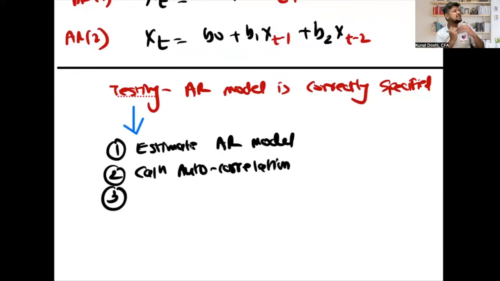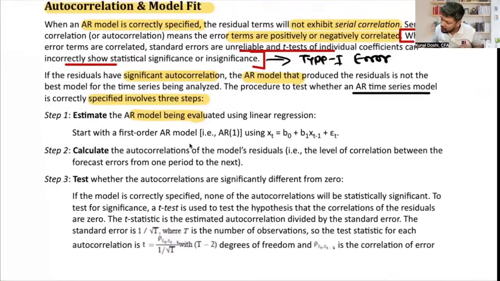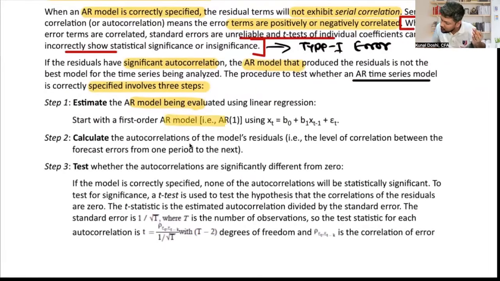Remember, error is generally the difference between the actual value and the predicted value, right? So here we have used the AR1 model, and then they said calculate the autocorrelation, meaning the model's residual. Here, the residual means we are testing the level of correlation between one period and the next period. Do I have to do that for my exam? No, you do not have to calculate the autocorrelation. They will provide it to you.